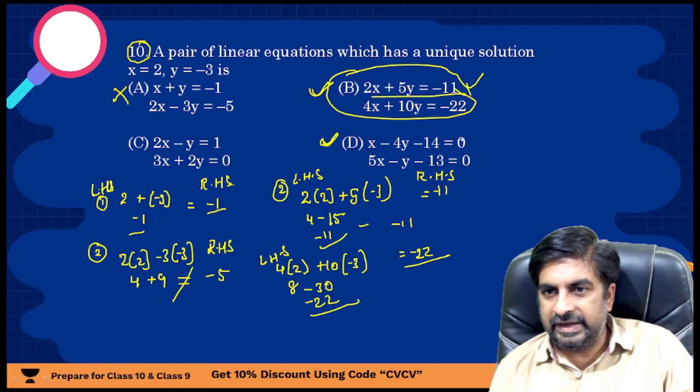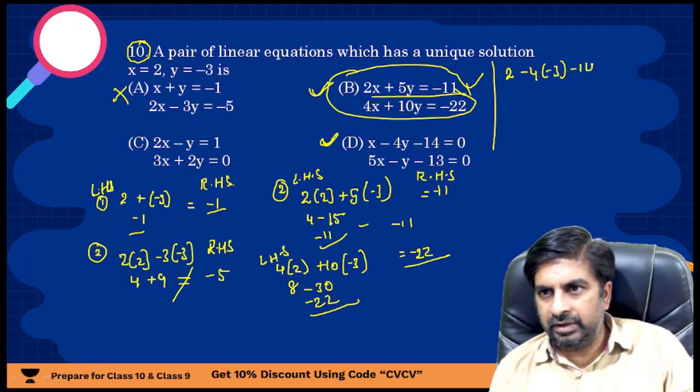Here also you will get LHS equal to RHS. Let us check. This x is 2, minus 4 into minus 3, minus 14 should be equal to RHS 0. Let us see whether we are getting it: 2 plus 12 minus 14, that is 0.